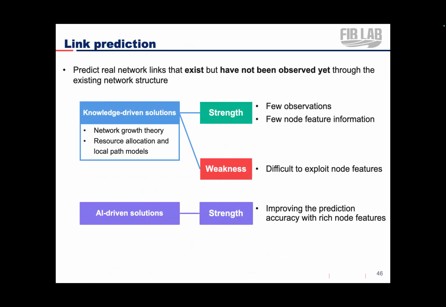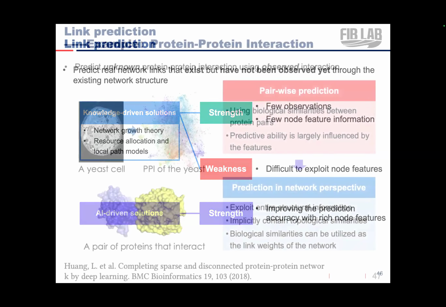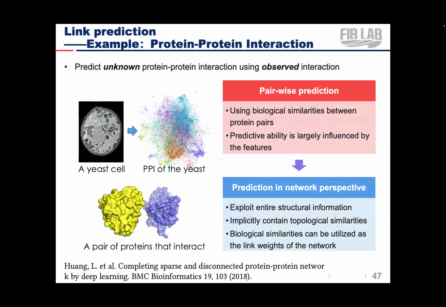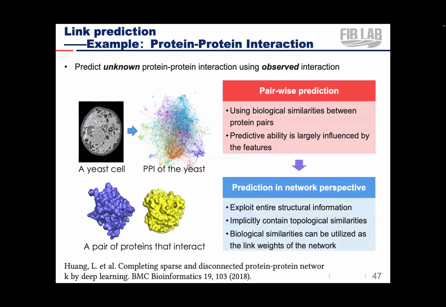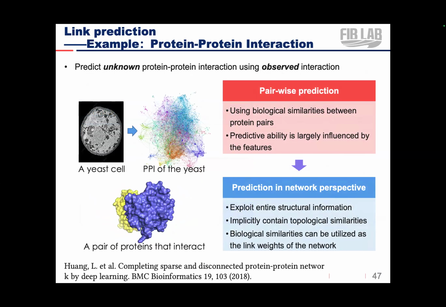And for AI-driven solutions like GNNs, we can leverage rich node features and topology to improve the accuracy. For example, take the protein-protein interactions task. This task aims to predict unknown protein interactions using observed interactions.